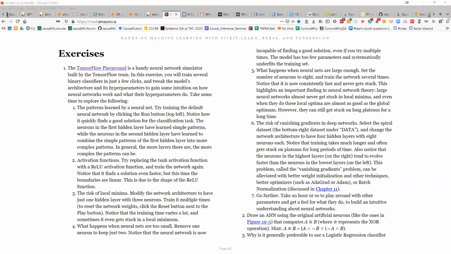GMMs, Gaussian mixtures, is one, but he also talked about just using PCA as one way to do it. So if you look in chapter 9, he mentions a number of different ways to do anomaly detection, and that's the same as outlier detection.